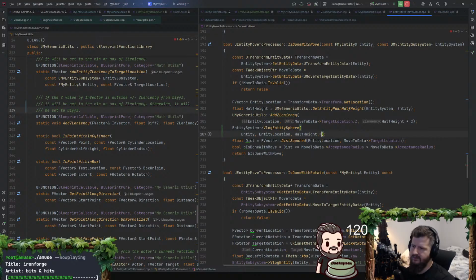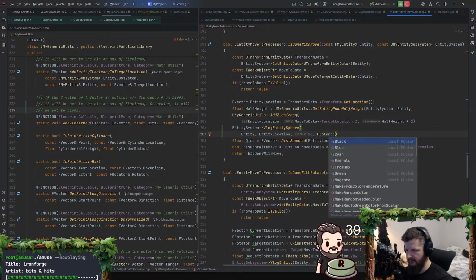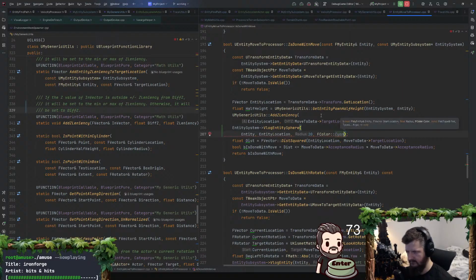I guess it doesn't really matter what the radius is here. We'll just put 20. F color cyan.